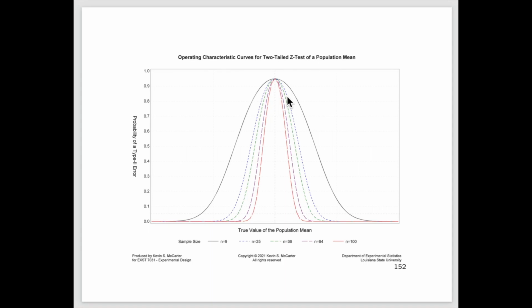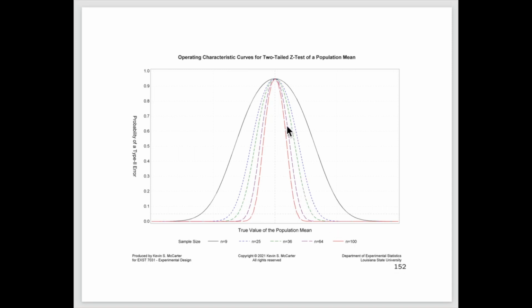If we increase the sample size further to 36 observations, then the probability of a type 2 error decreases further. And you can continue on. As you increase the sample size, for a given value of mu that is different than mu naught, the probability of committing a type 2 error decreases.